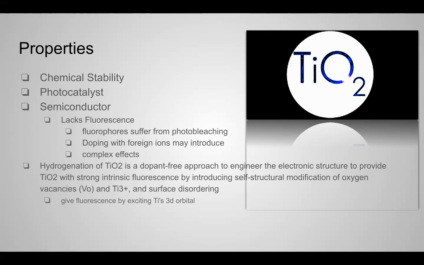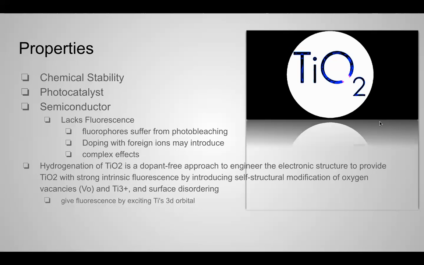So there's also something called doping. Doping, however, also causes a problem because it diversifies the dopant locations and the confinement of the excitation energy in the molecules. So the only option scientists have found that works is something called hydrogenation of titanium dioxide.